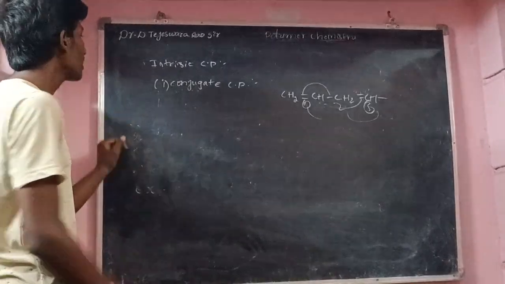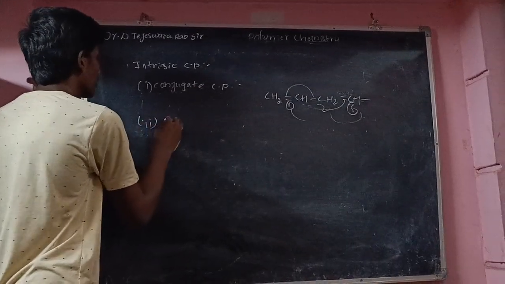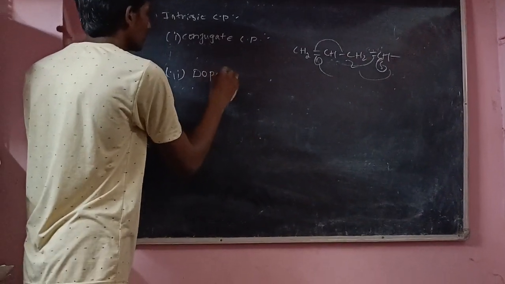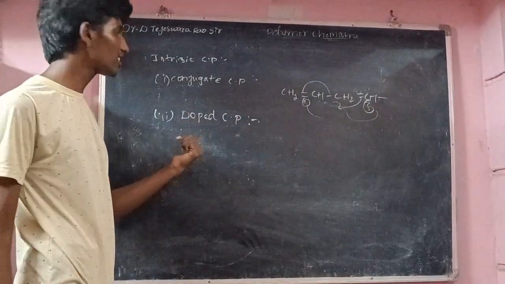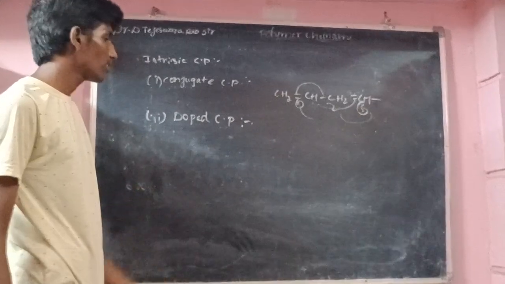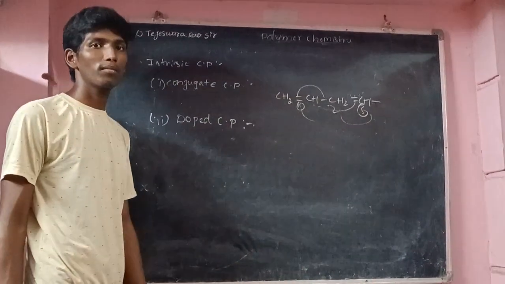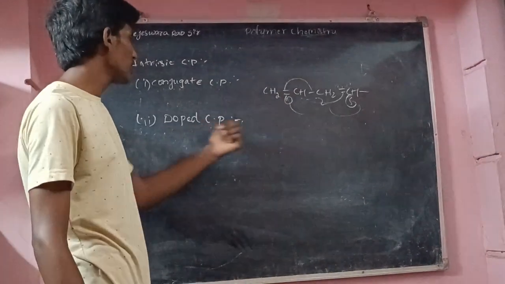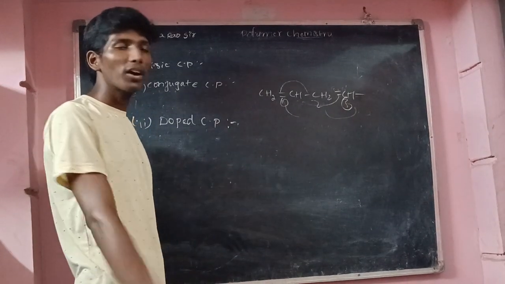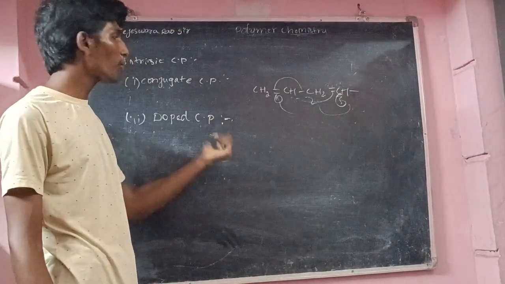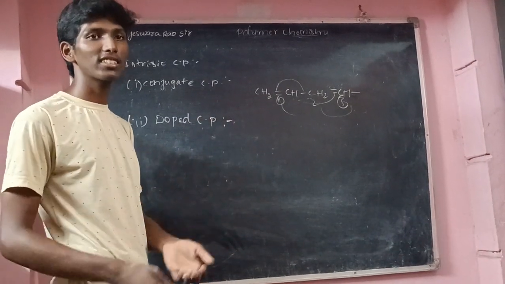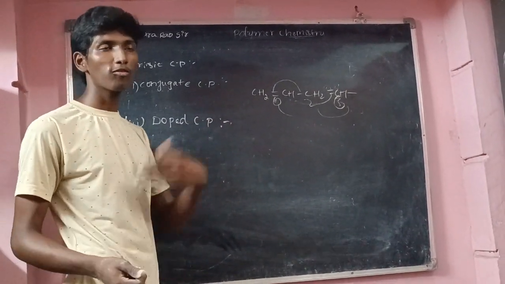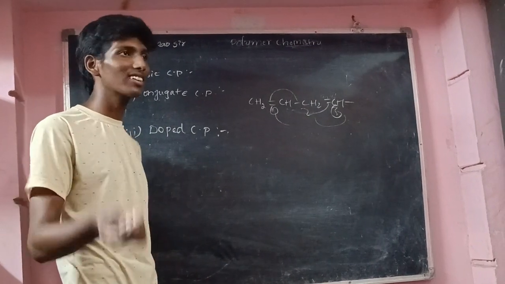And another type is doped conducting polymers. Doped conducting polymers are obtained by exposing the polymer to a charge transfer agent to get better conductance.